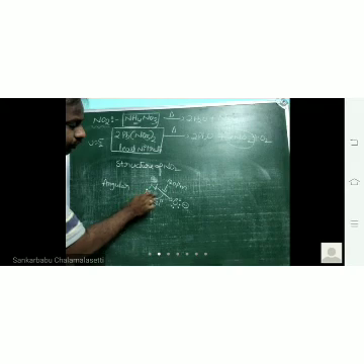Total 1, 2, here 2. Total 4. So it contains 1 unpaired electron on nitrogen. That is the structure of NO2.